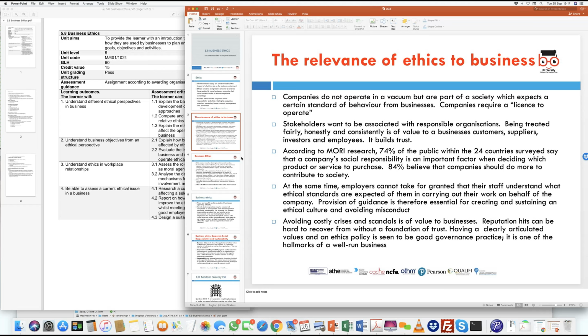The other thing which is important is that one of the surveys done by Mori Research says that 74% of the public within 24 countries surveyed says that a company's social responsibility is an important factor when they decide on buying a product and service.